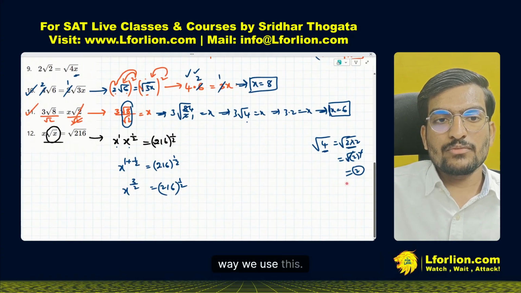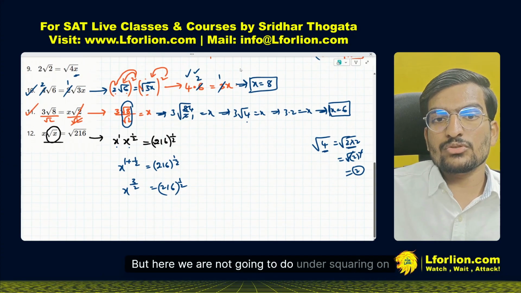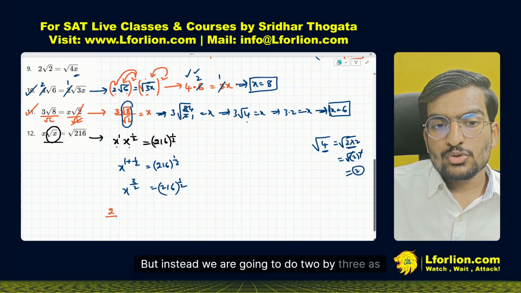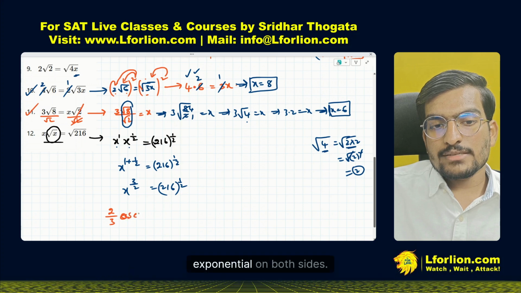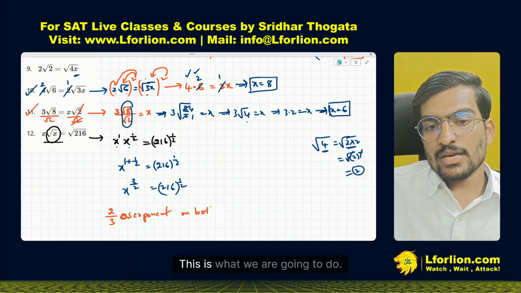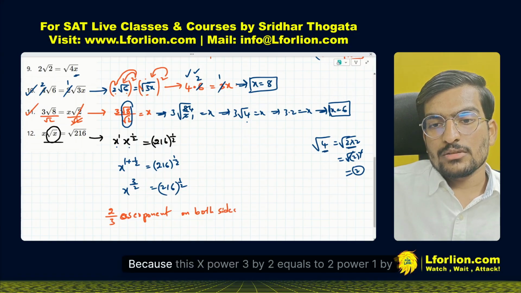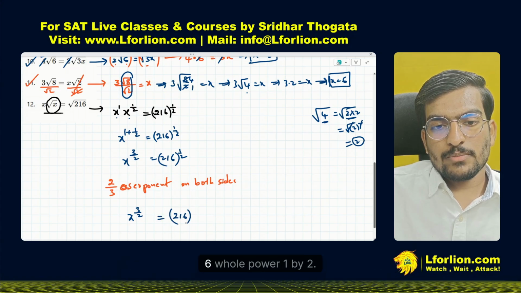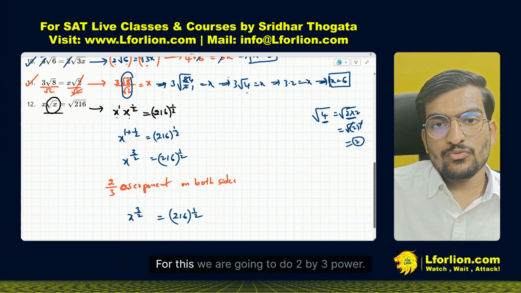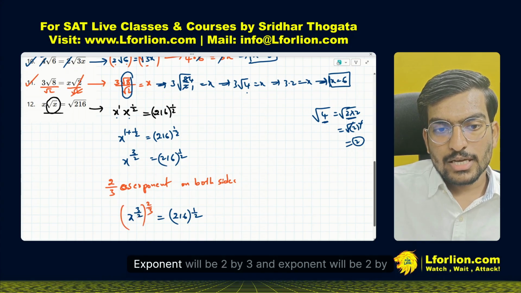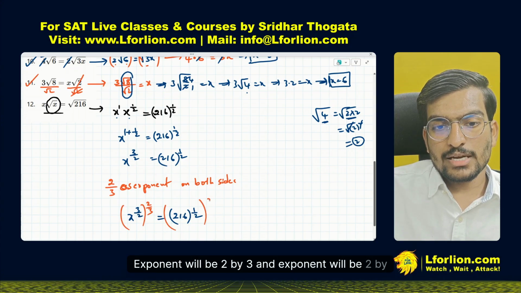Same way we use this, but here we are not going to square on both sides, but instead we are going to take 2 by 3 as exponent on both sides. Why? Because x power 3 by 2 equals 2 power 1 by 6 whole power 1 by 2. For this, we are going to do 2 by 3, so the exponent will be 2 by 3 on both sides.